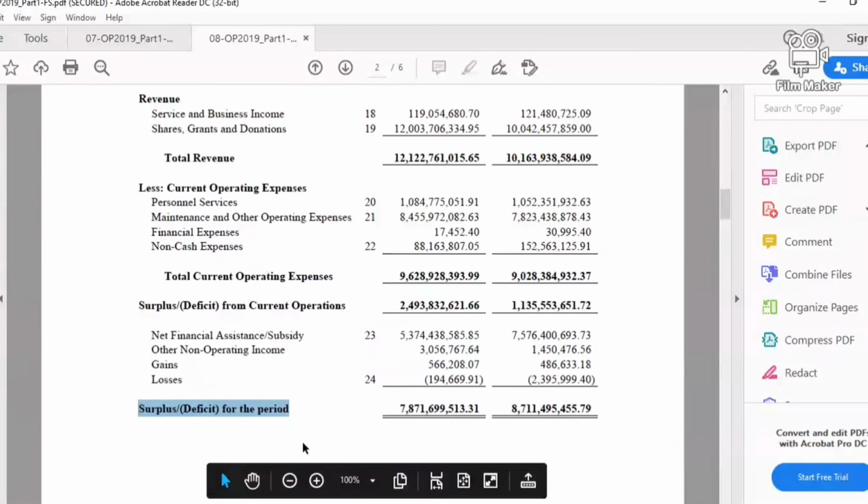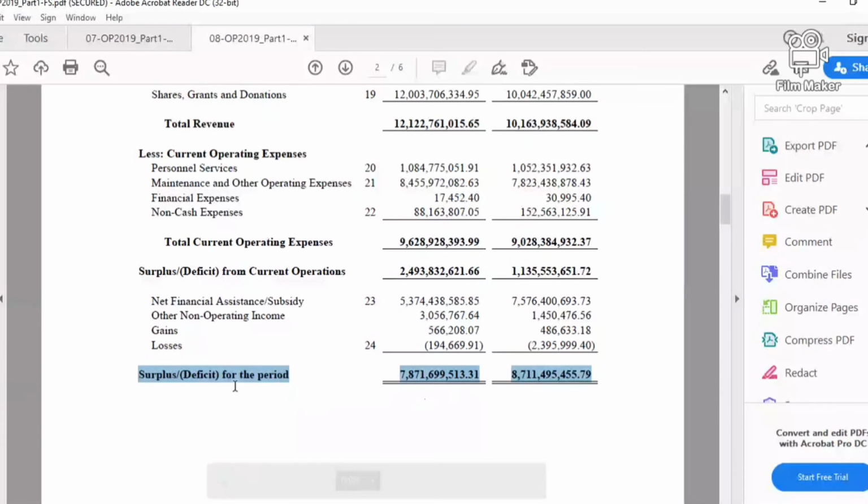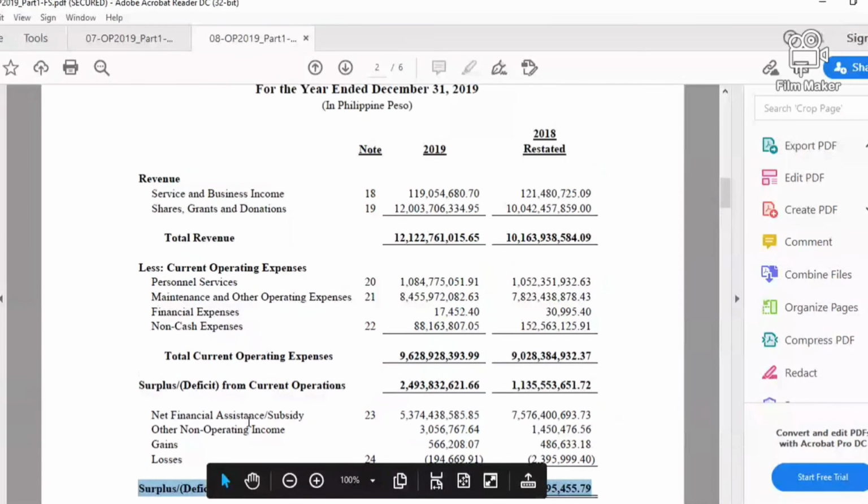Sa ibang government agency, na gumagamit ng PFRS, meron pa po dito, income OCI. Diba? Meron pa dito OCI or other comprehensive income. So, ito po yung net income na pinag-uusapan natin sa commercial accounting. Yan. Surplus deficit for the period.